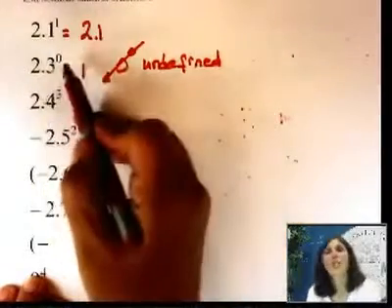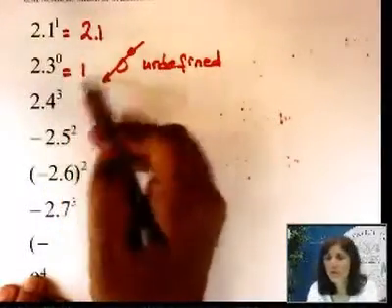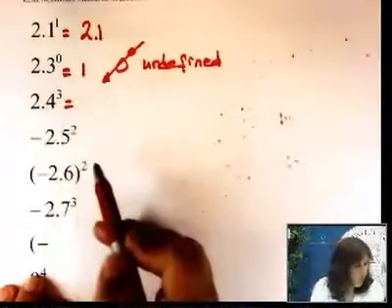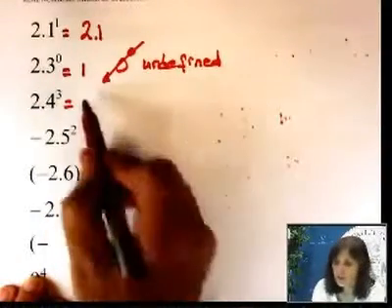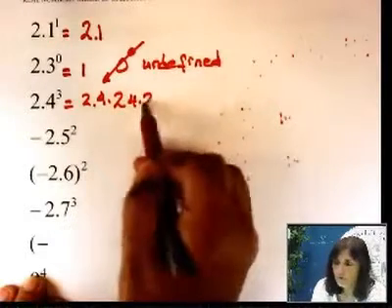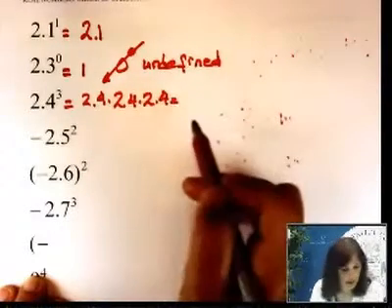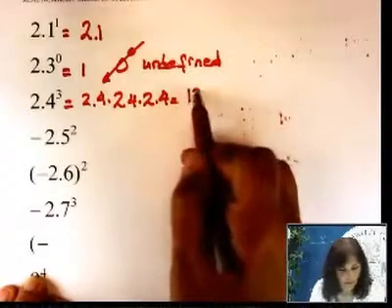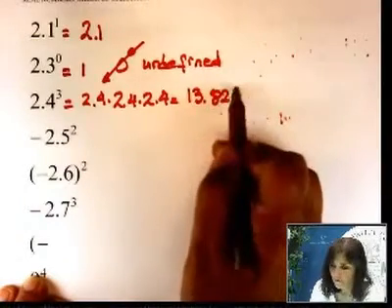But anything other than 0 to the 0th power is 1. 2.4 to the 3rd power is 2.4 times 2.4 times 2.4. You can actually do that in your calculator, it is 13.824.